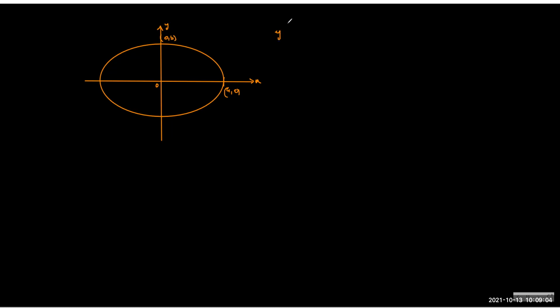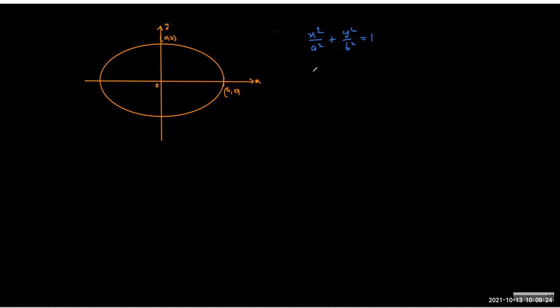So the formula for the ellipse is what? What is the equation of ellipse? How do we write it? x square by a square plus y square by b square equals 1.